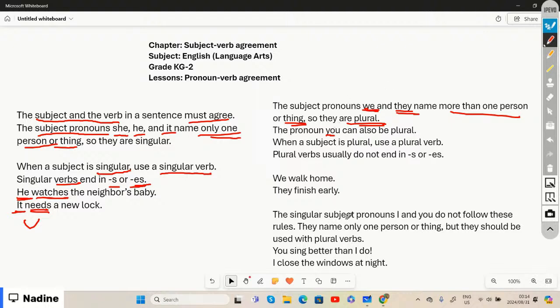Now the subject is plural. Remember, if the subject is plural, it refers to more than one person, more than one thing. So we need to use a plural verb.